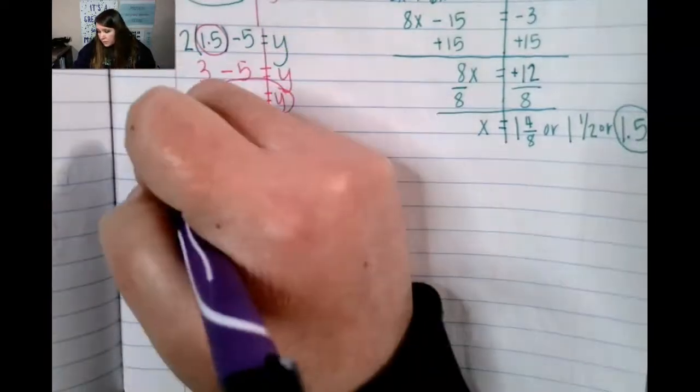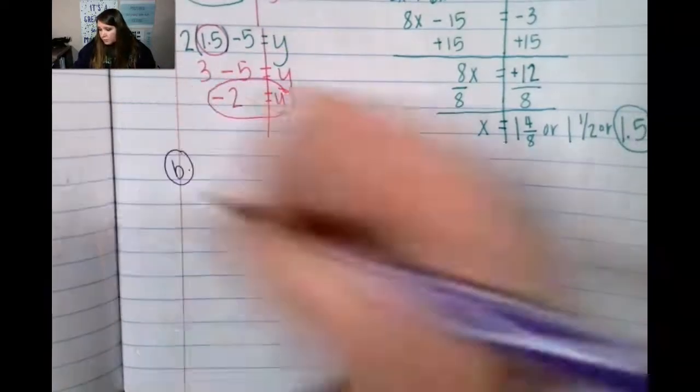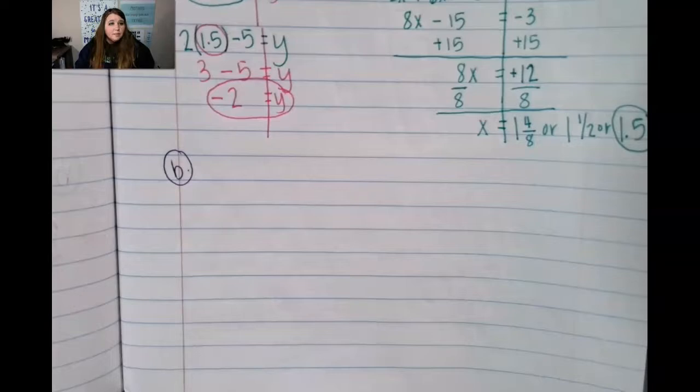This example, example B, is a little bit different because in this example, we're going to have two y values, and our job is going to be to solve for x.